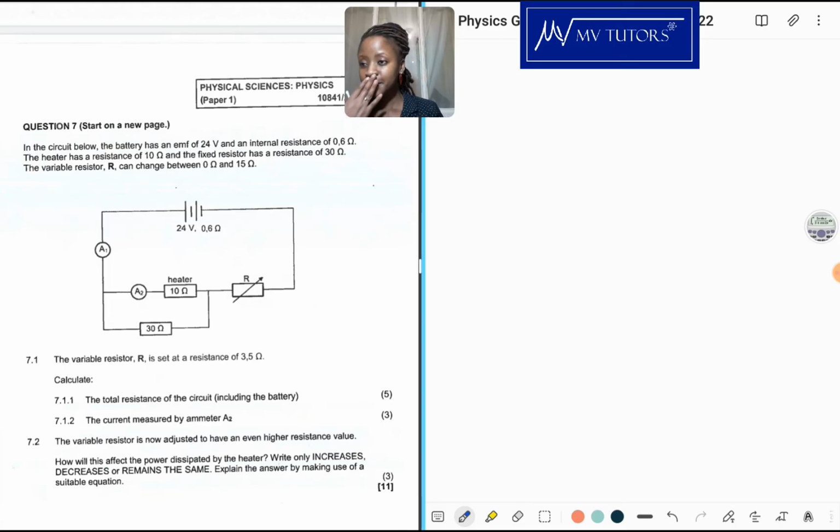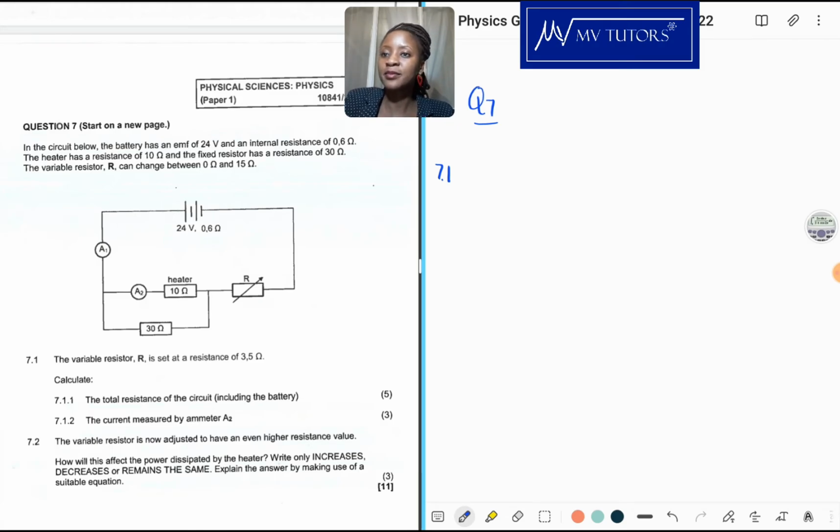Alright, so let's get to the question. It says the variable resistor R is set at a resistance of 3.5 ohm. Now it says calculate the total resistance of the circuit including the battery.